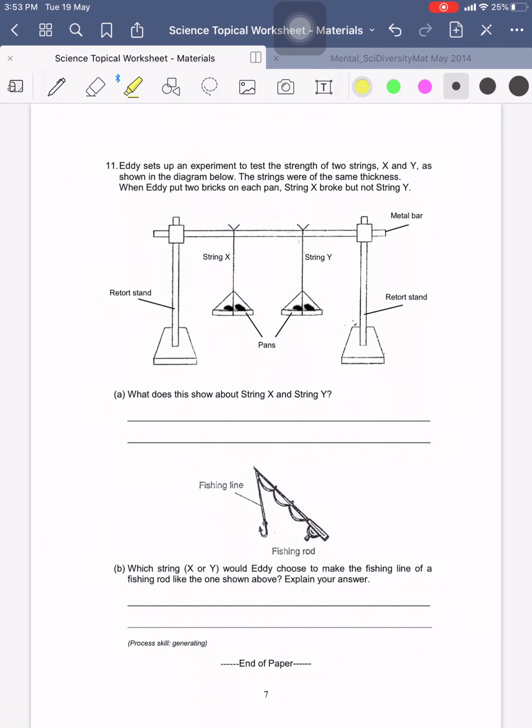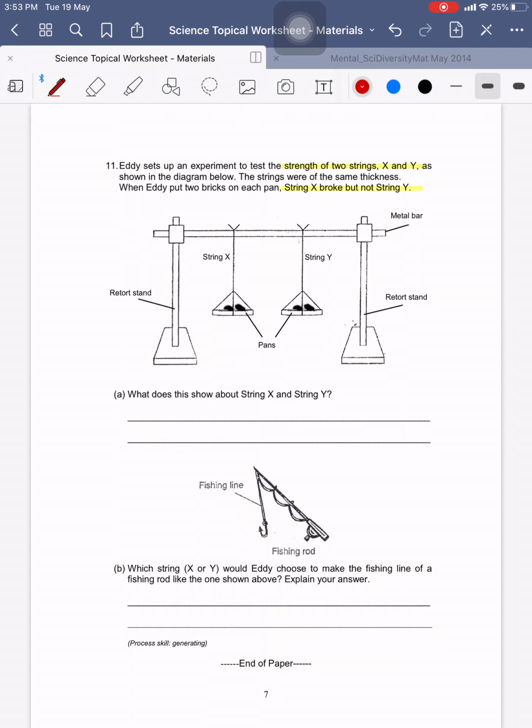Okay, last question here, 11. Now Eddie set up an experiment to test the strength of two strings X and Y. Now the strings were of the same thickness. When Eddie put 2 bricks on each pan, string X broke but not string Y. So what does this show about string X and string Y?